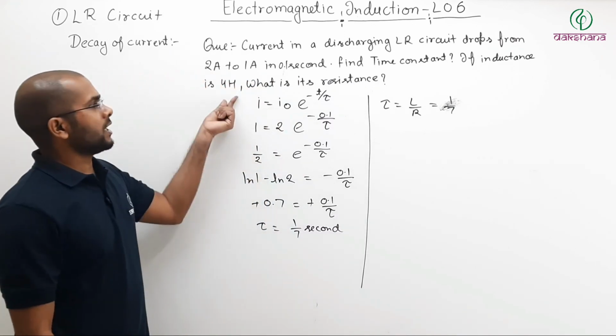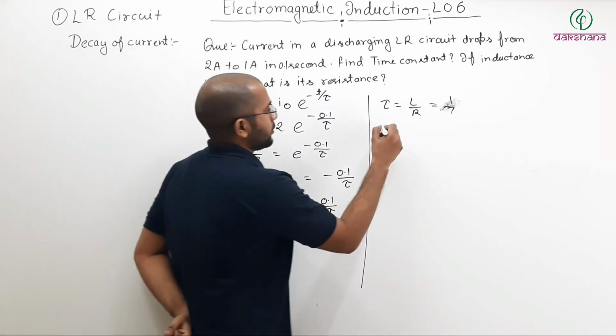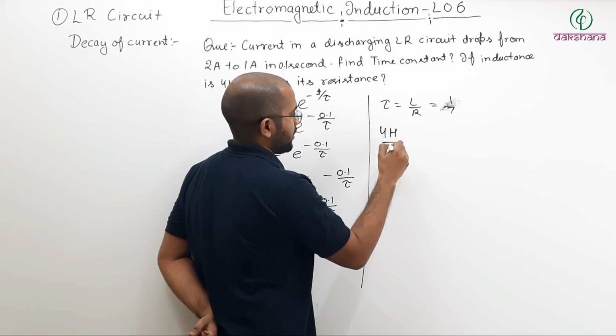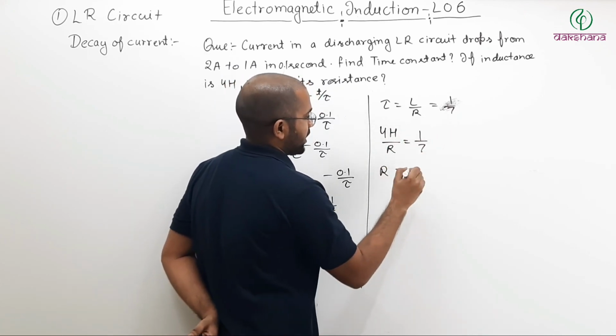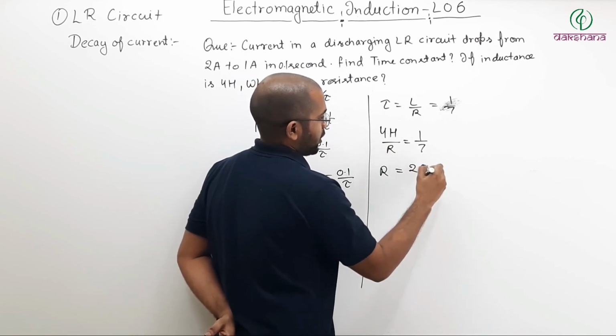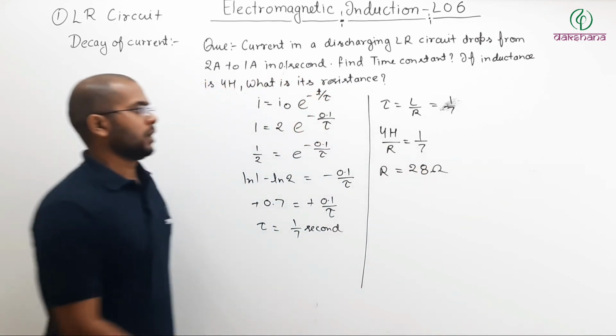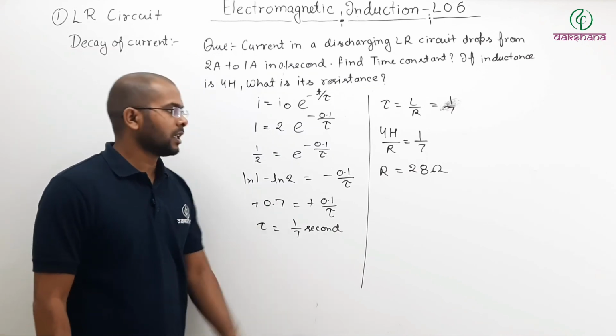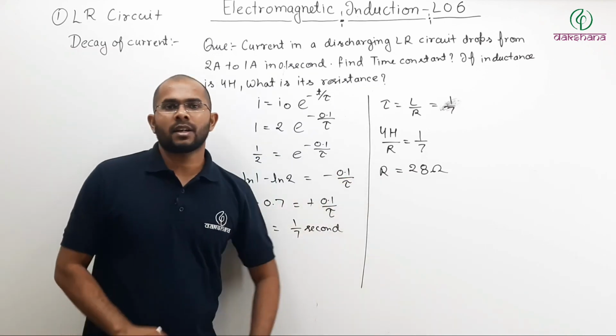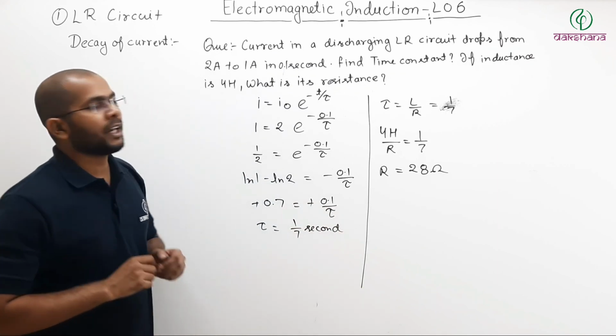So L is given as 4. So 4 Henry divided by R equals 1 by 7. So R will be equal to approximately 28 ohm. Why am I saying approximately? Because here I have taken a little bit of approximation, so that is why resistance is approximately 28 ohm.